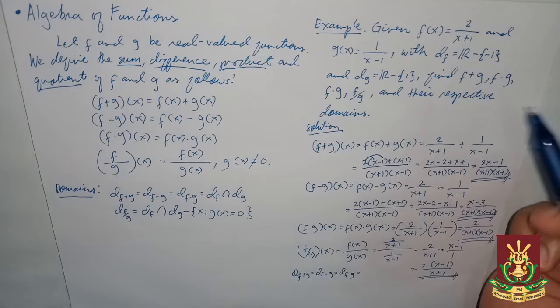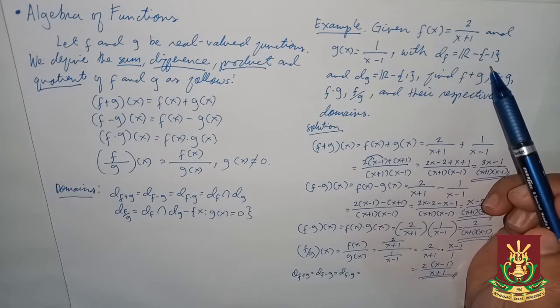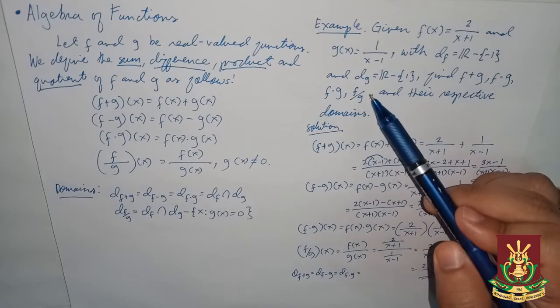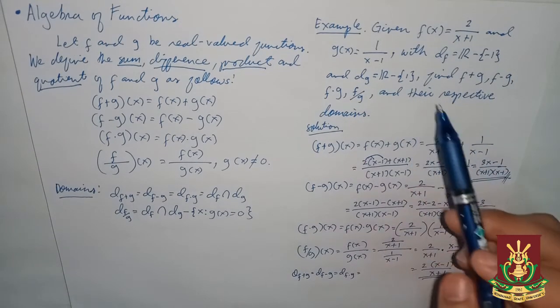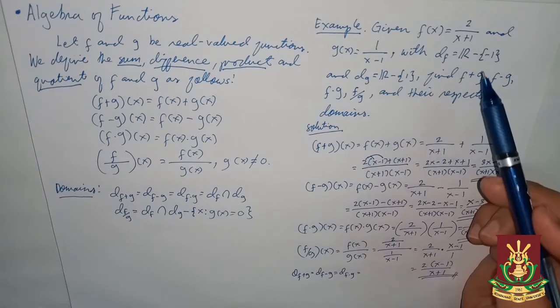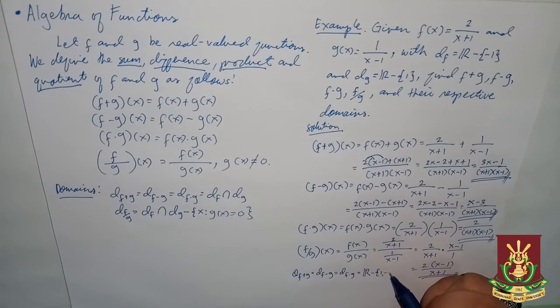Okay, since the domain of f is the set of real numbers except for -1, and the domain of g is the set of real numbers except 1, then the intersection of these two sets would give us the set of real numbers except for 1 and -1.